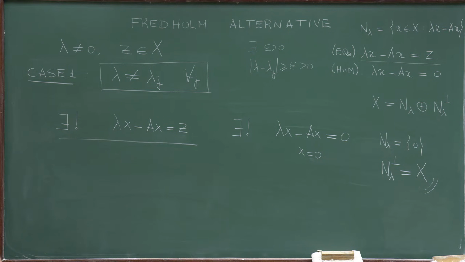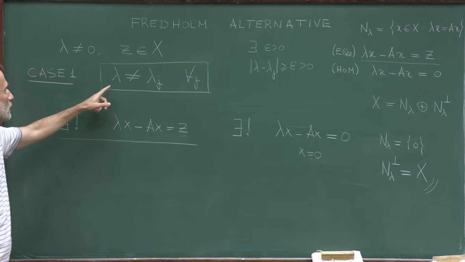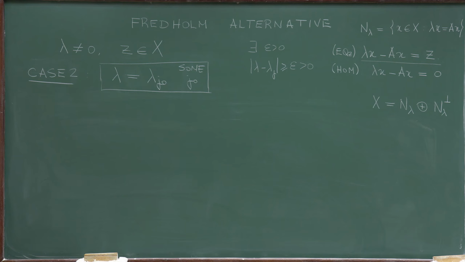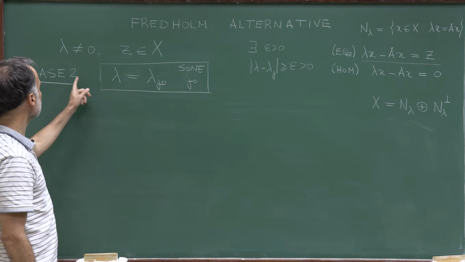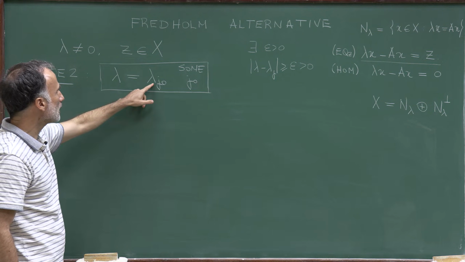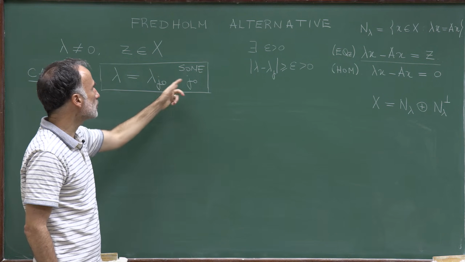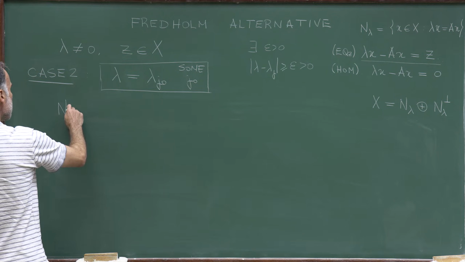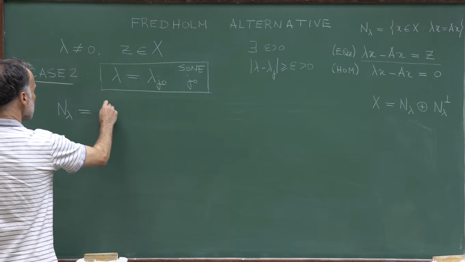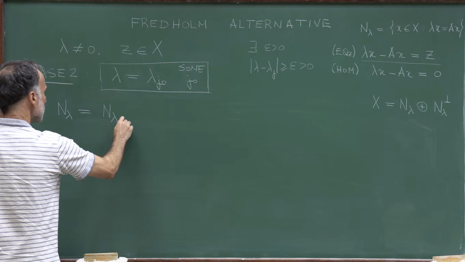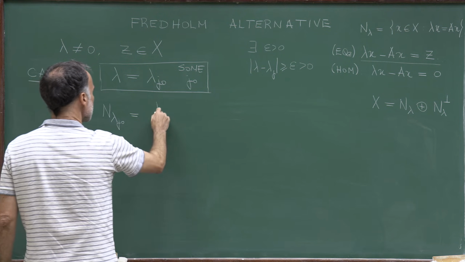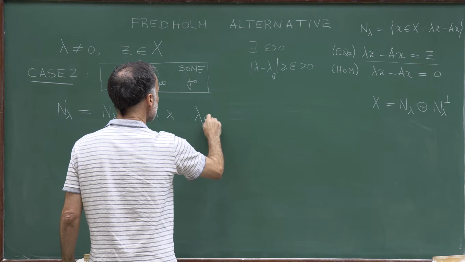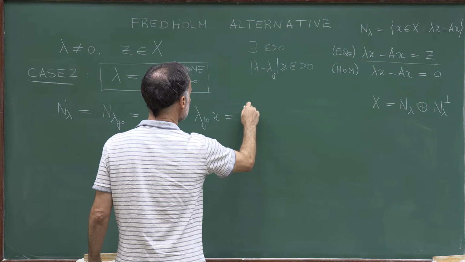So what we really need to consider is case 2, in which lambda is equal to one of the lambda_j's. So I'm now assuming that lambda is equal to lambda_j0 for some j0. So let's see first what is the space N_lambda, which coincides with the space of all x such that lambda_j0 x is equal to Ax.